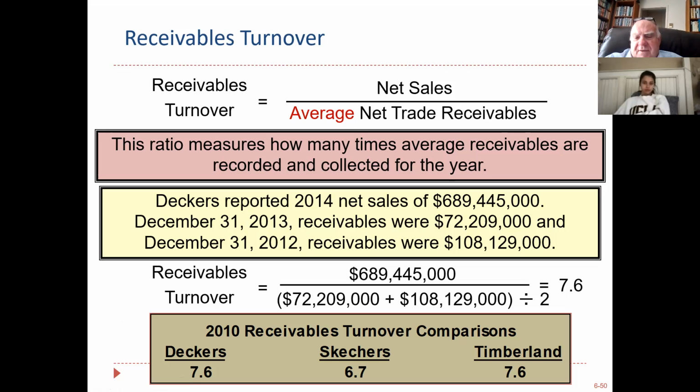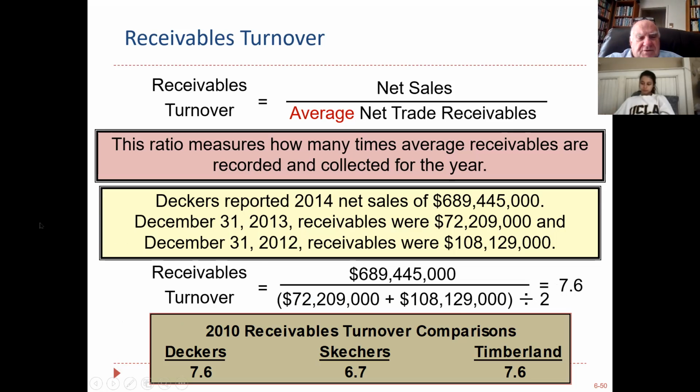It means that we collect our average receivable amount on average 7.6 times a year.